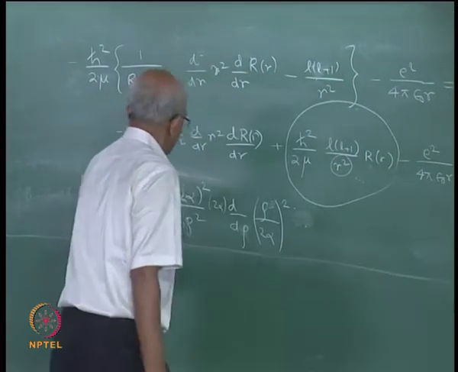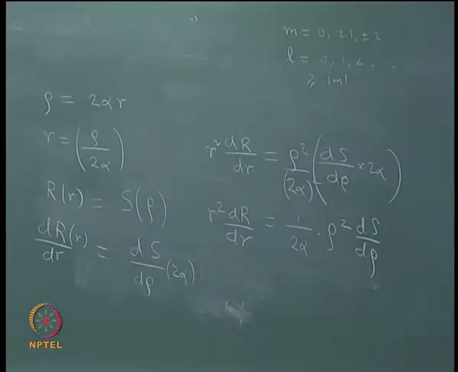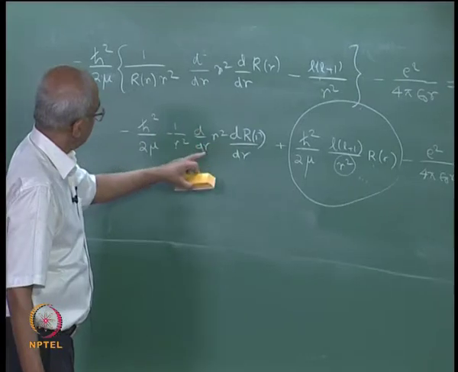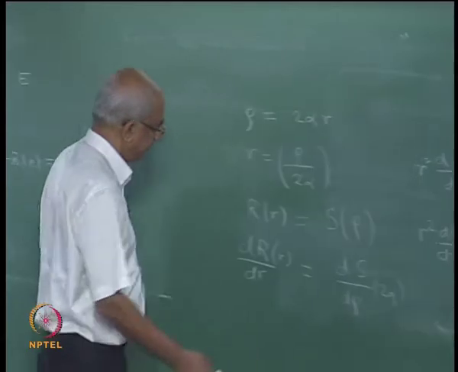But here let me remove this, it is probably easier to do it this way, and so I have to now calculate d by dr into 1 by r square, and what would that be?